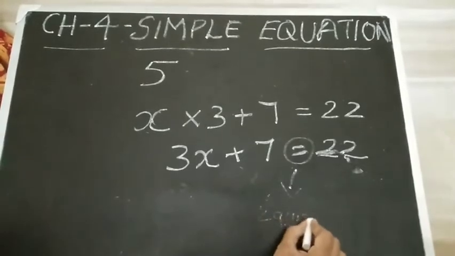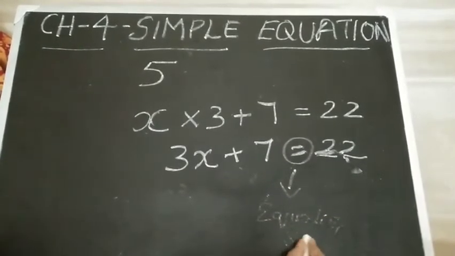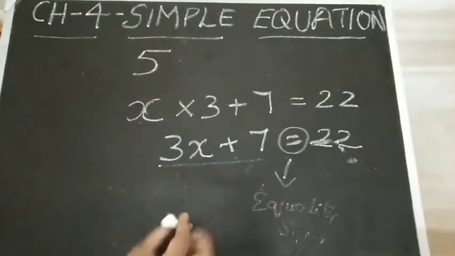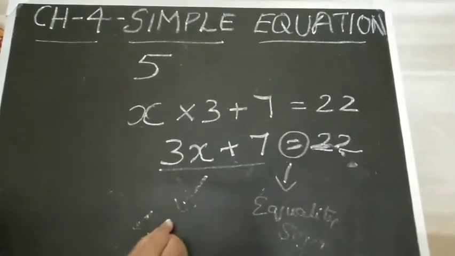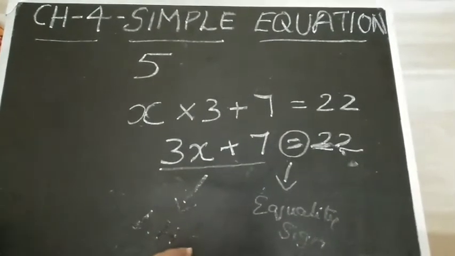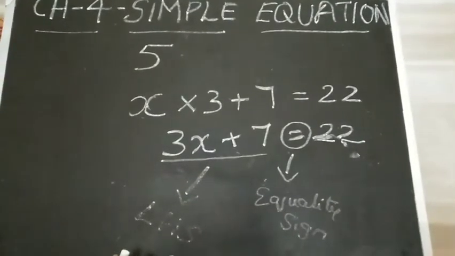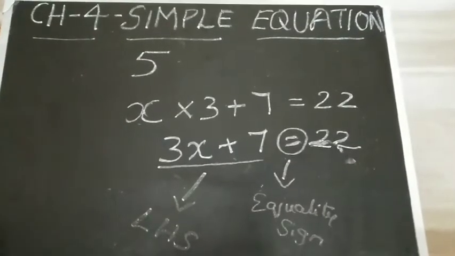So, we call this the equality sign. Now we call this side, 3x plus 7, as LHS. LHS is nothing but left hand side.